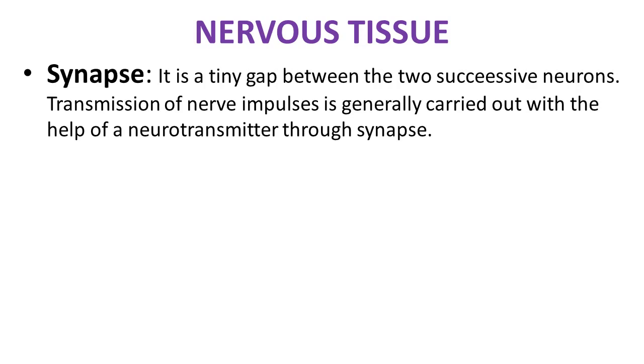Through this gap, a nerve impulse is transmitted with the help of a neurotransmitter, that is a chemical substance. So in our body, the nerve impulses are carried out in the form of chemical substances which are referred to as neurotransmitters, and those neurotransmitters are transmitted through this gap which is known as the synapse.